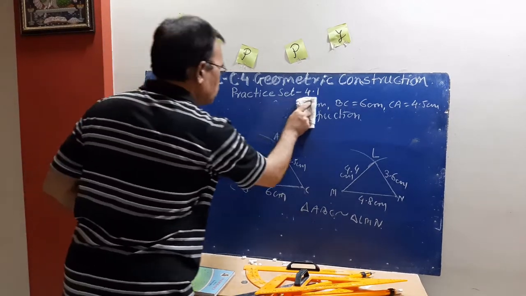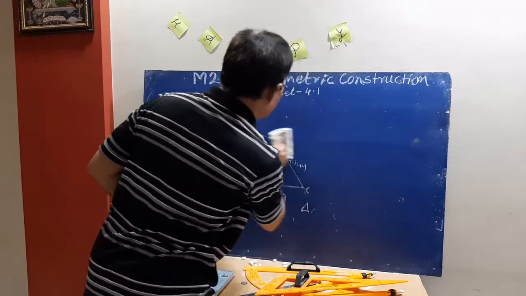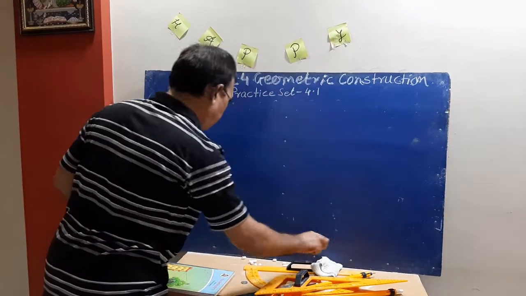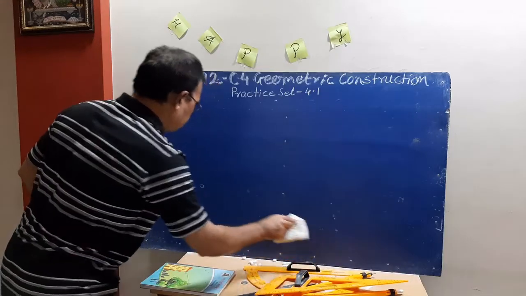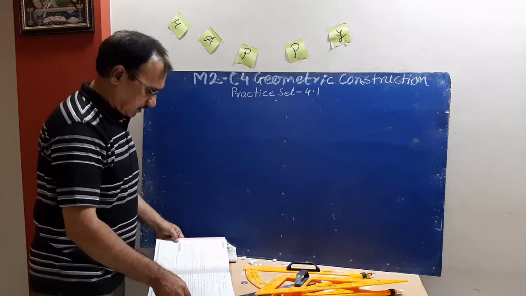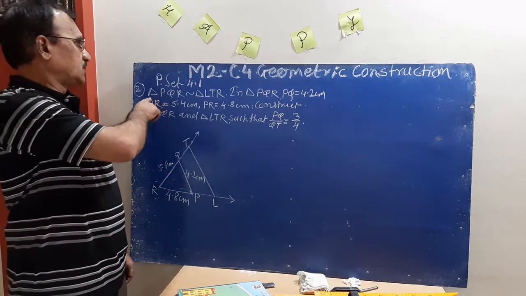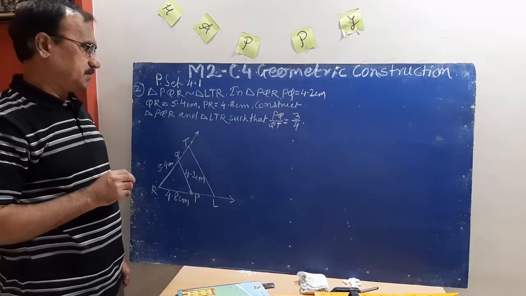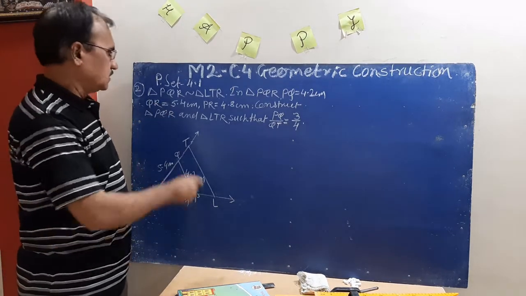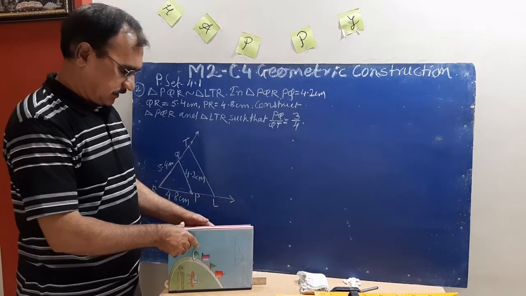Now here we are going to see the second example of the same practice set. Here triangle PQR is similar to triangle LTR.